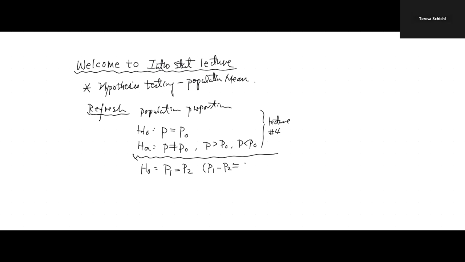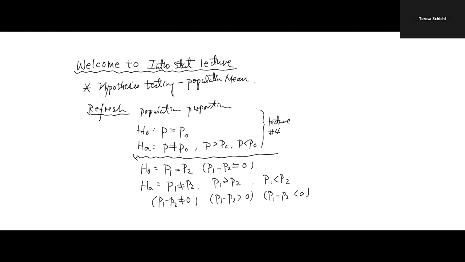The same way, we have three alternative hypotheses: P1 not equal to P2, P1 greater than P2, or P1 less than P2. The other way you can write this is P1 minus P2 not equal to 0, P1 minus P2 greater than 0, and P1 minus P2 less than 0.